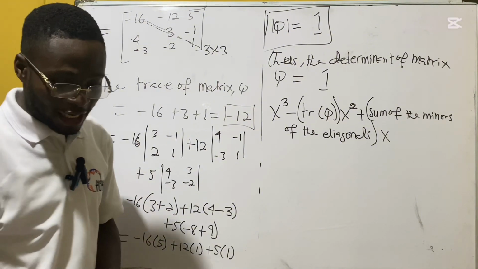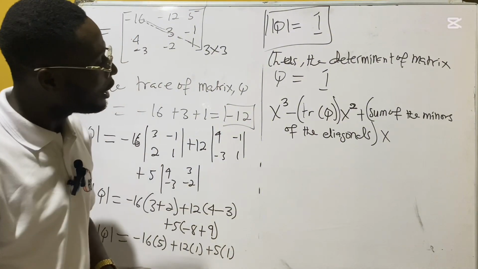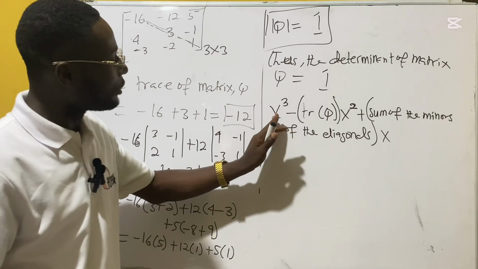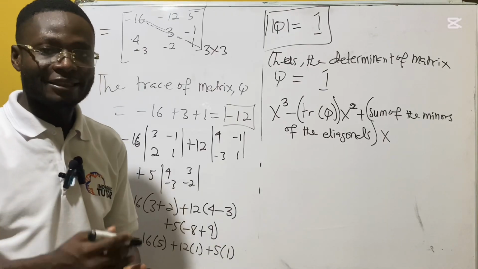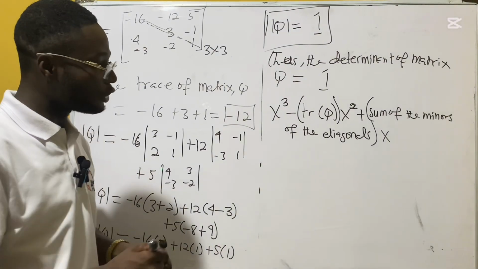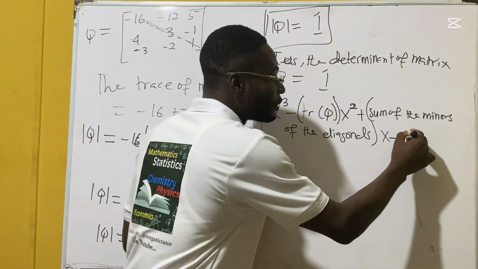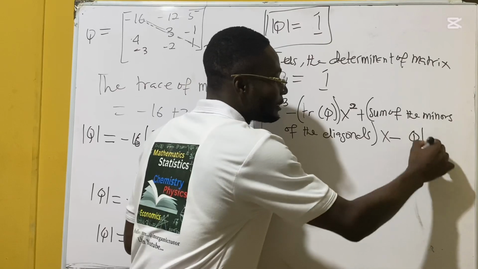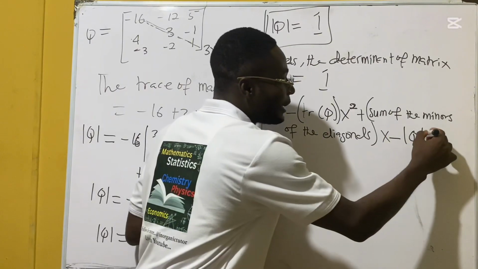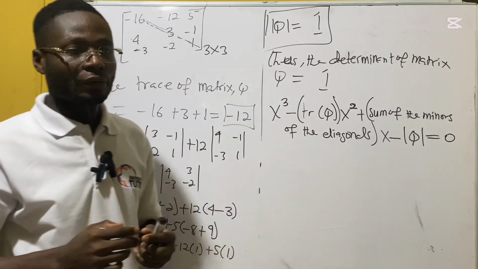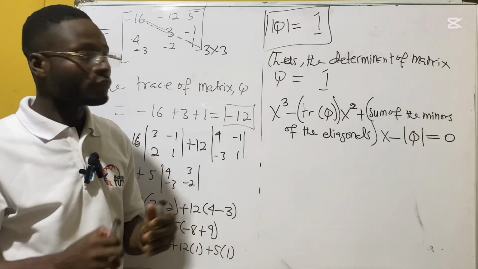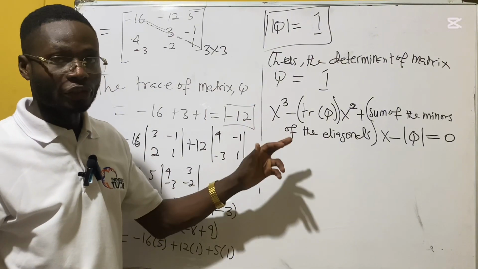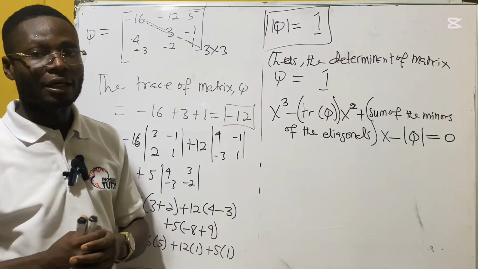Nice, so let's proceed. We have s cubed, s squared, and s. Now minus the determinant of Q, so that becomes the constant term, and that should be equal to 0.